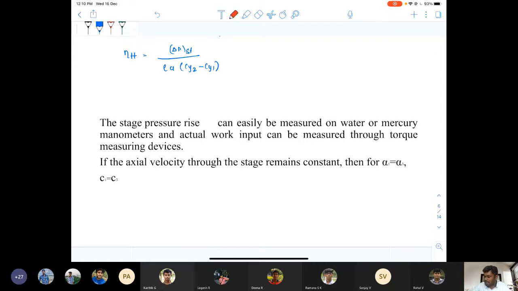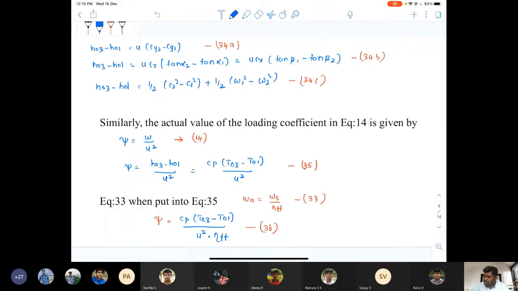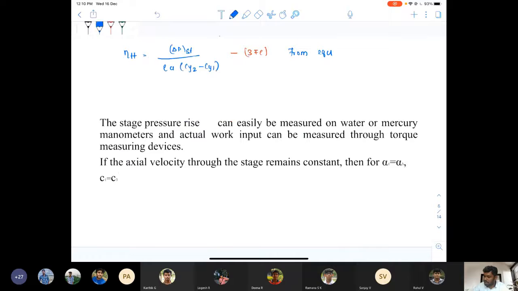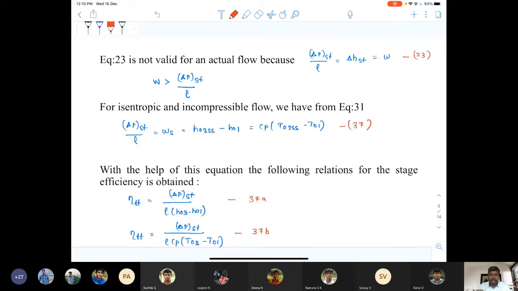Consider this as equation number 37C, which is framed from equation number 34A. Therefore, we have obtained three total to total efficiency equations.